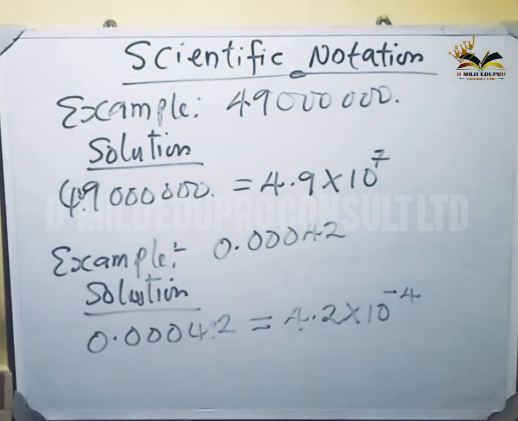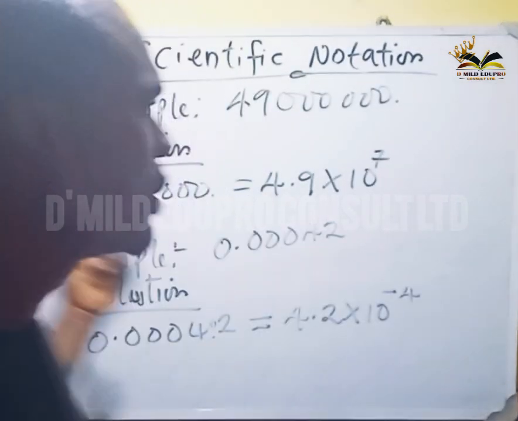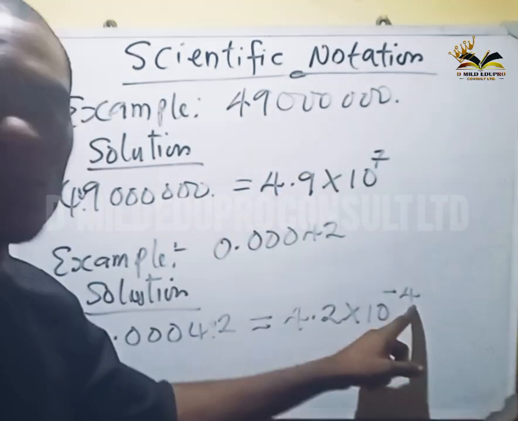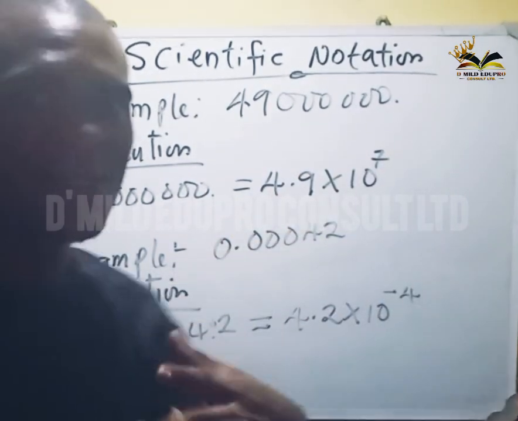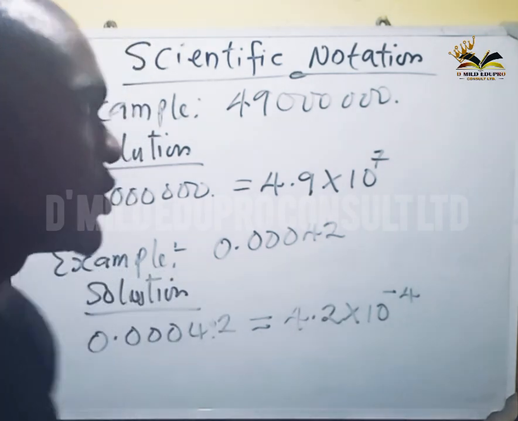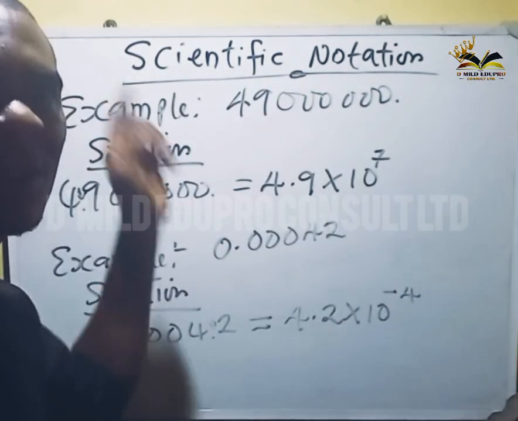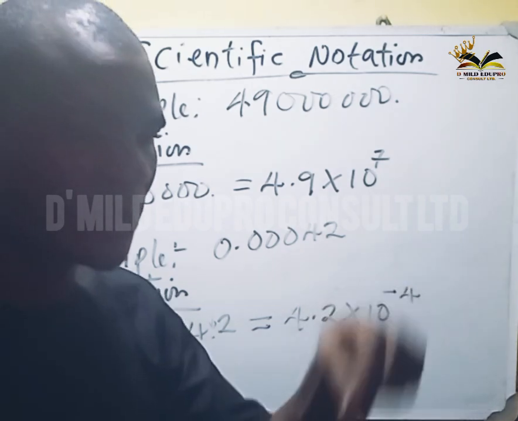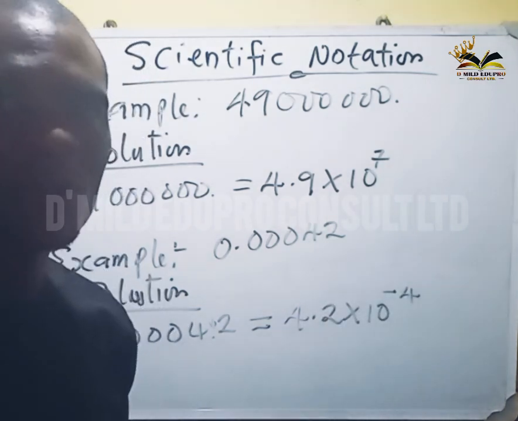Remember, if you are converting a very small number into scientific notation and you are moving towards the right, the integer will be a negative. If you are converting a large number into scientific notation and you are moving towards the left, the integer will be a positive.